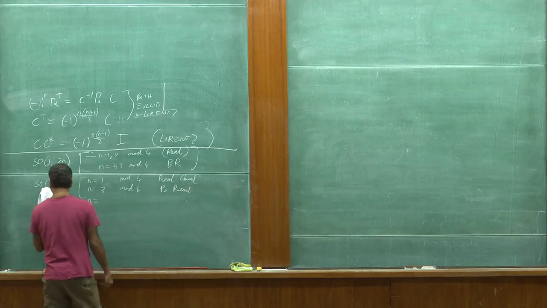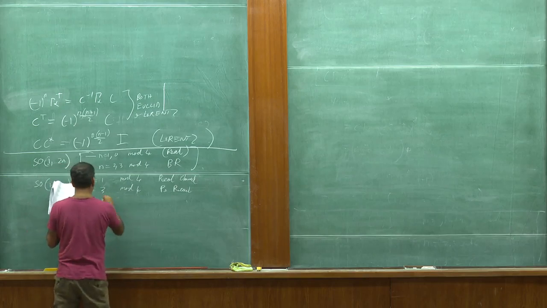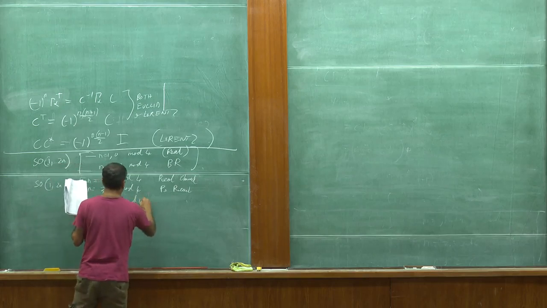And n equal to 0 and 2 mod 4 was complex.